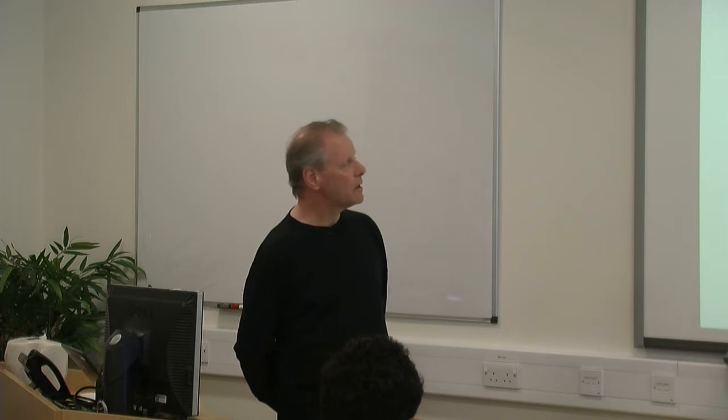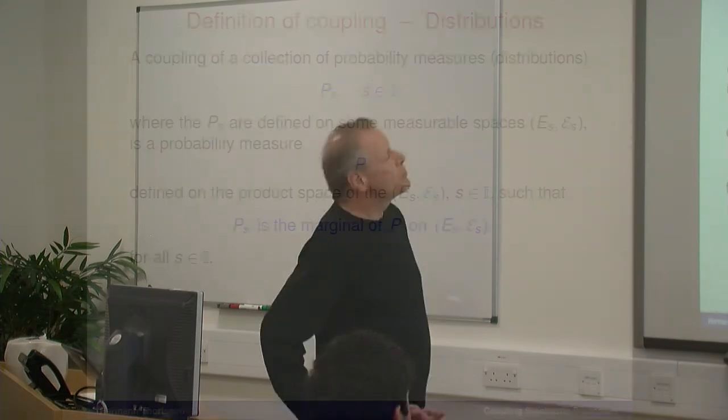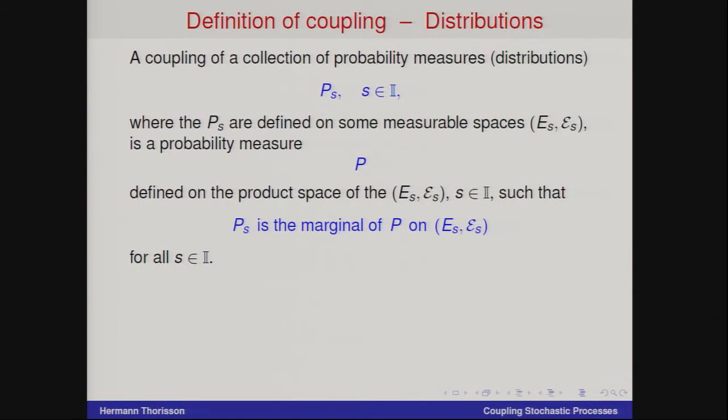I cannot tell you everything about coupling. I will tell you how coupling looks from my point of view, or my standpoint. So here is the definition in terms of distributions.